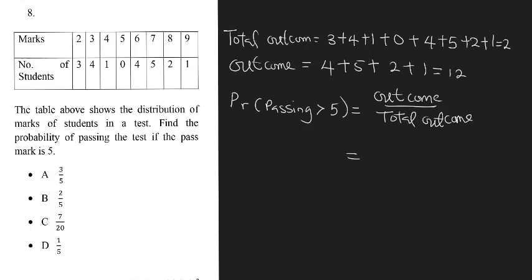Divided by our total outcome, which is 20, right? So it's going to be 12 divided by 20. So 4 here is 3, and 4 here is 5. So it's going to be 3 over 5. So this is the probability of passing if 5 is the pass mark. So do you have anything like that? 3 over 5? Yes, A is the answer. So let's move to the next question.